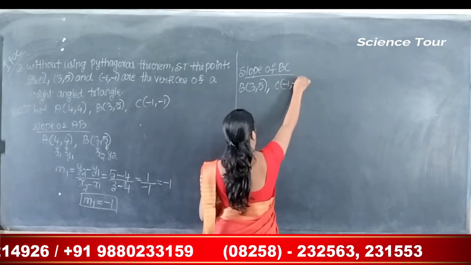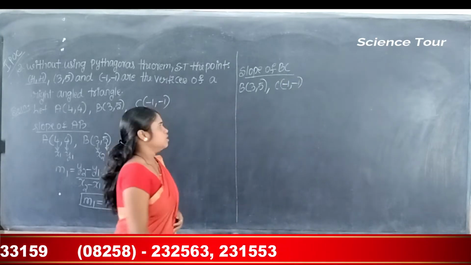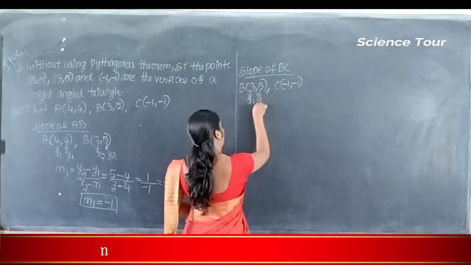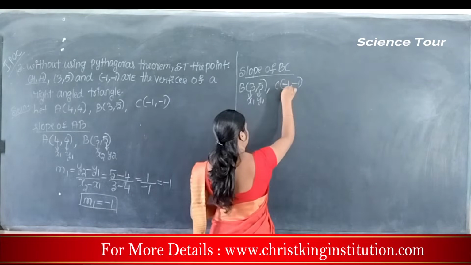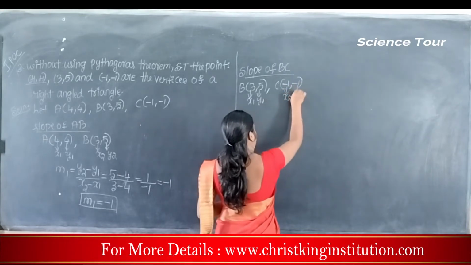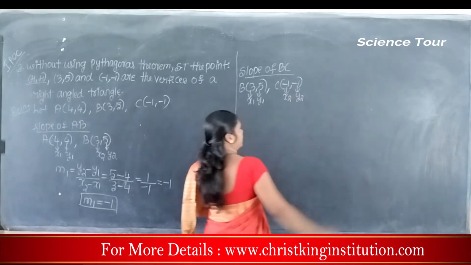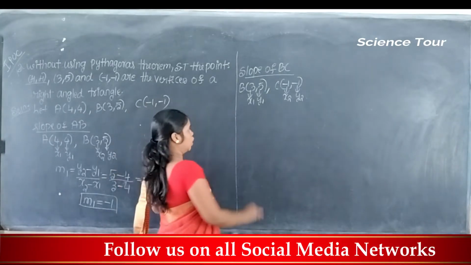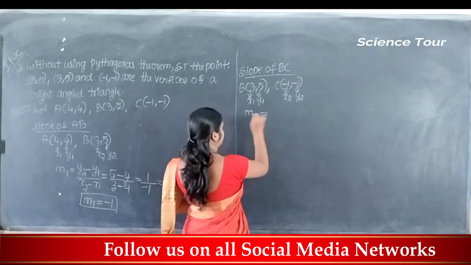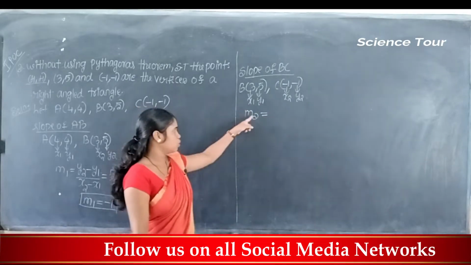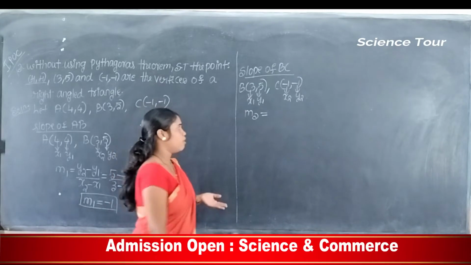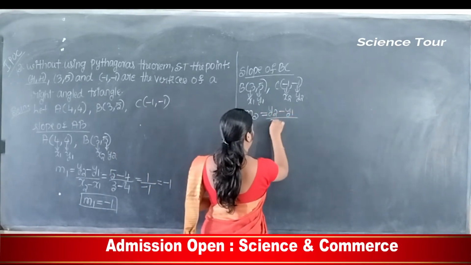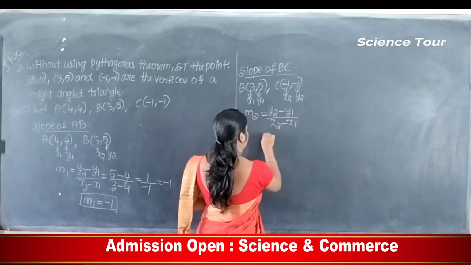That is (-1, -1). Consider (3, 5) as (x1, y1) and (-1, -1) as (x2, y2). The notation I'll use here is m2, which is the slope of BC. The formula is (y2 - y1)/(x2 - x1).